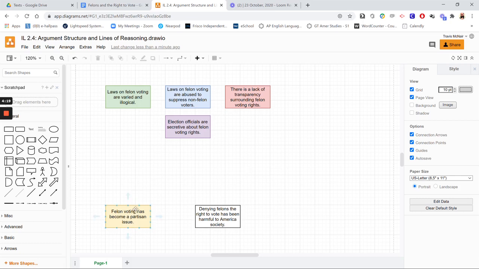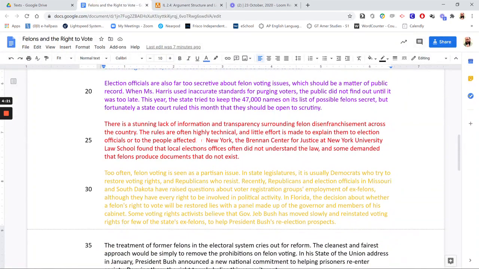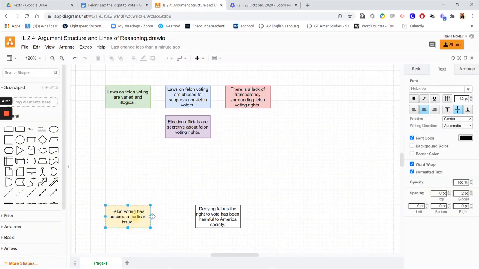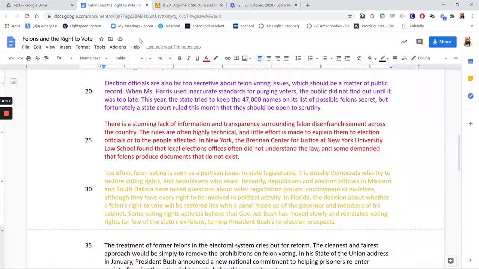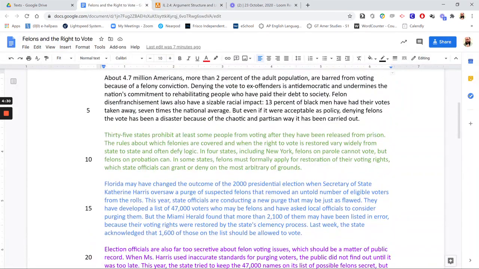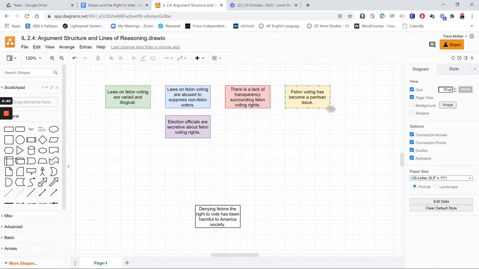But since it's a whole other paragraph, separated by paragraph 5 here, I'm going to make it its own line of reasoning. Especially because, if we recall, this thing that we thought was our thesis statement had two supporting ideas, that it's chaotic and that it's partisan. And so political partisanship definitely seems like one of those supporting lines of reasoning.